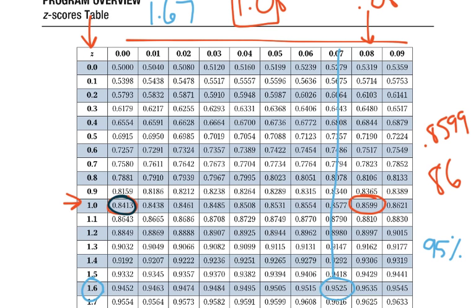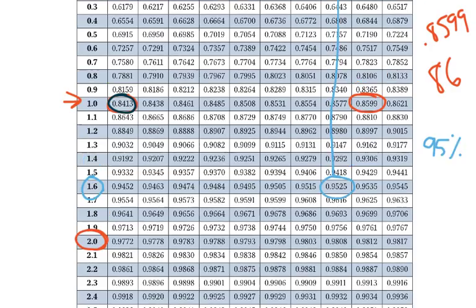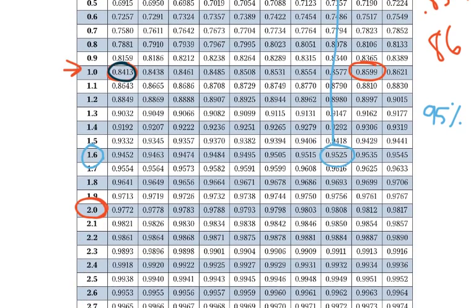So if we work backwards, and we go positive 2 and negative 2, so positive 2.0 would be 0.9772.